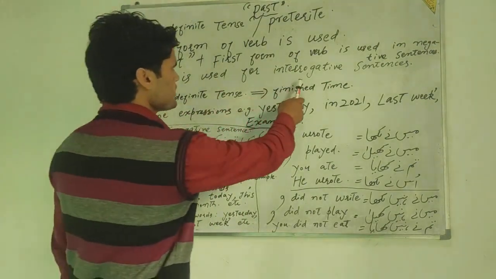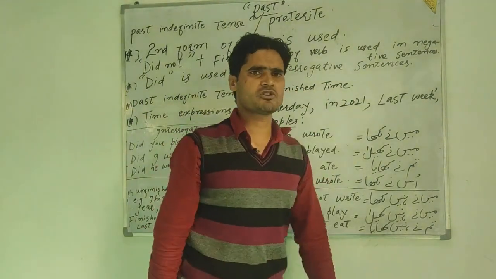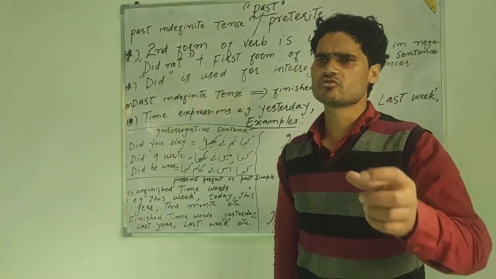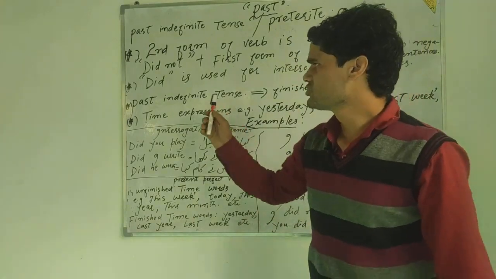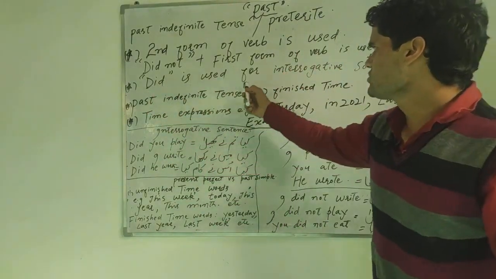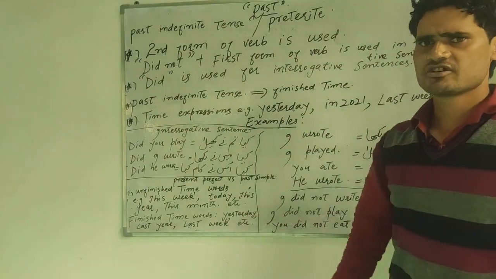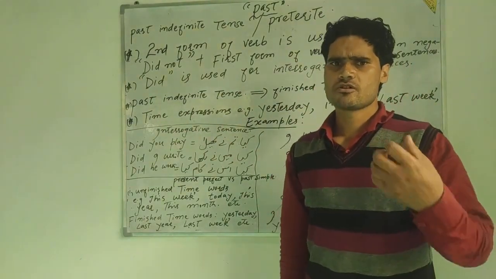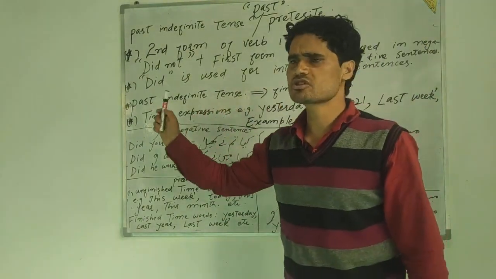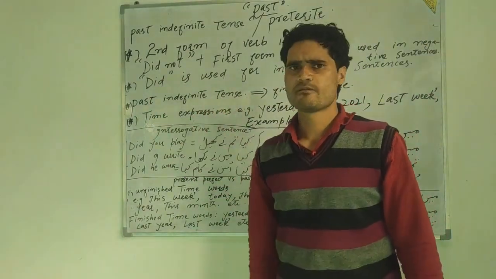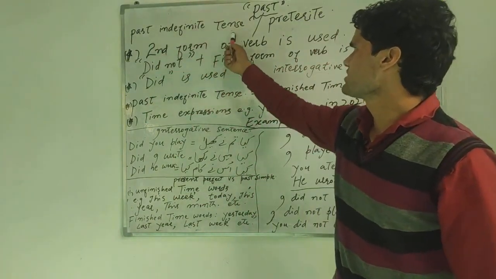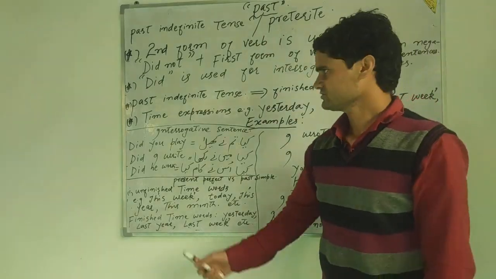In case of an interrogative sentence, I have already explained interrogative sentences in the previous videos. Did is used for interrogative sentences. Whenever you frame a sentence of interrogative nature, you have to put the word did at the beginning of the sentence in past indefinite tense or preterite.